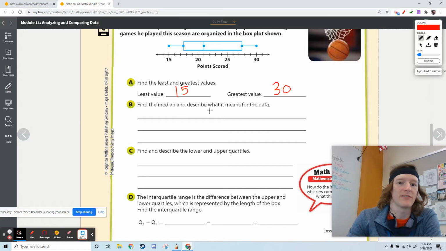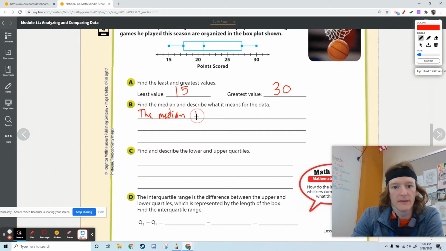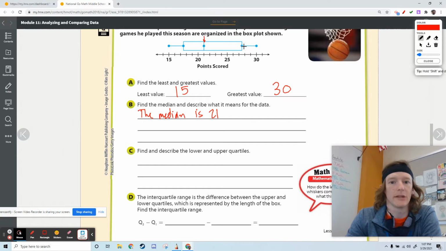So part B, let's find the median and describe what it means. The median is 21. I know that because that is the line in the middle of our box. What this means is half of our data is to the left, lower than 21, and half of our data is to the right.